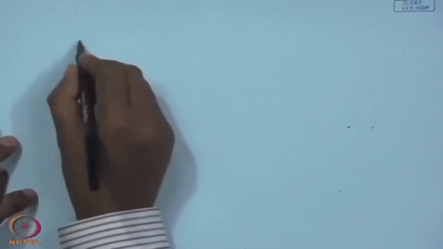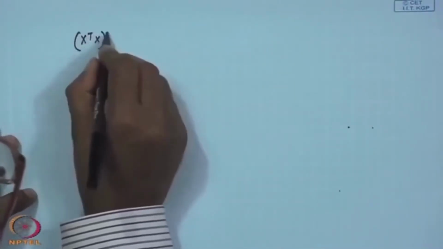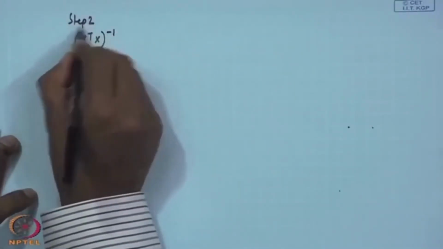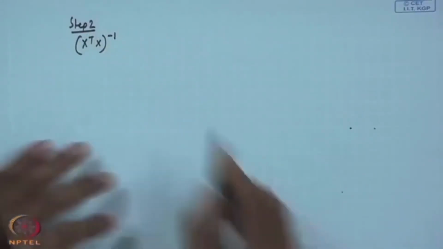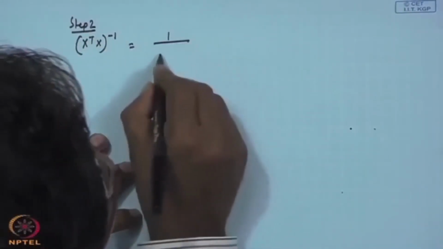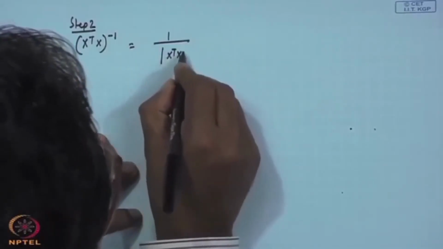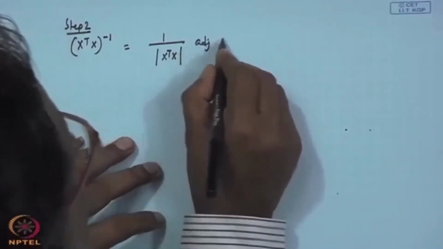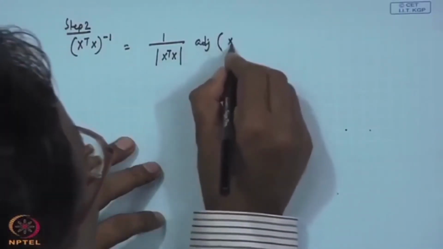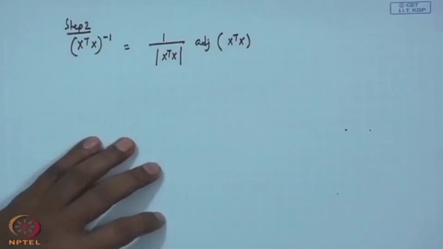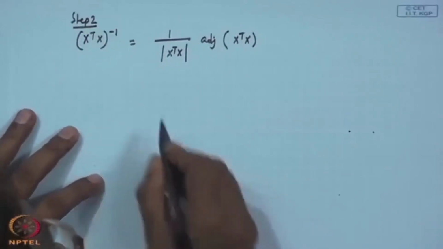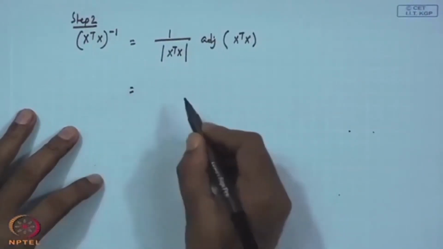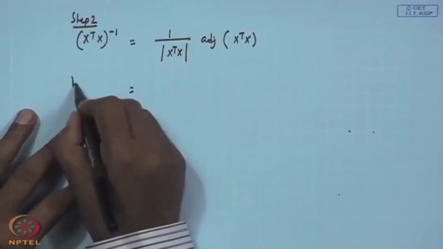Then you have to compute X transpose X inverse. This is our step 2. Step 2 says X transpose X inverse will be 1 by the determinant of X transpose X times the adjoint of X transpose X. Ultimately, the resultant quantity you will find if you use, suppose, Excel.